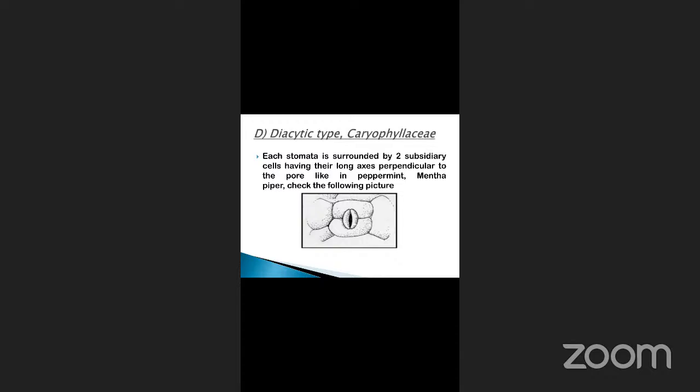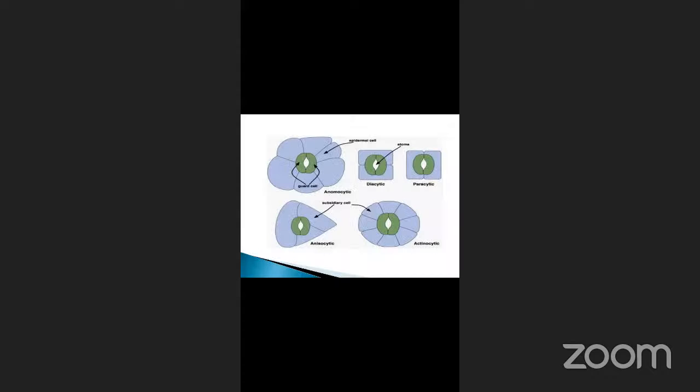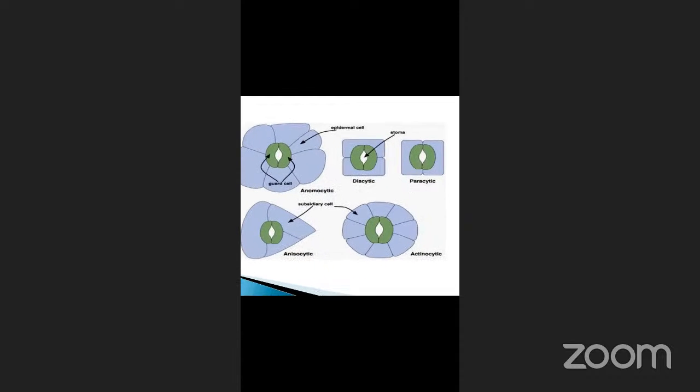Diacytic stomata. This is an important topic, leaf stomata and stomatal structure. See here: anomocytic, anisocytic, next paratytic, diacytic, and actinocytic also.